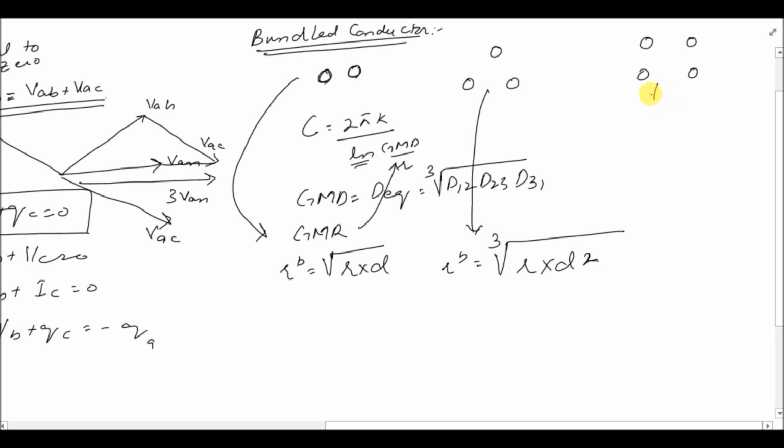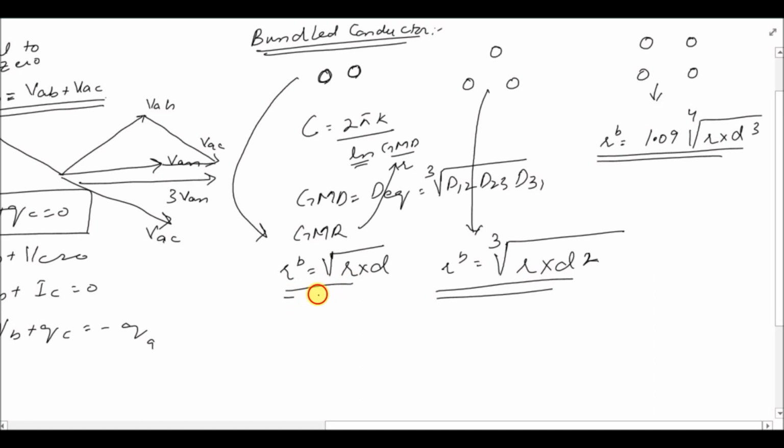And for the 4 conductor bundle, we will have the value of RB equal to 1.094 times the fourth root of R into D cubed. The derivation of these three values of RB, which is actually the GMR, was already done when I explained the inductance calculation of the transmission line.